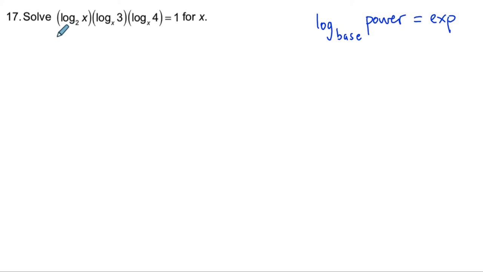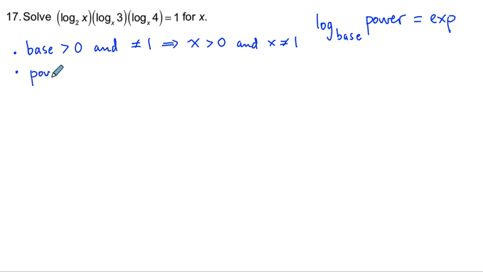So with that in mind, we see that x is both in the base and in the power, and we know that bases must be positive and not equal to 1. So this suggests that x has to be greater than 0 and x can't be equal to 1. We also know that x is in the power, and we know that powers must be positive, which suggests that x, which is the power by itself, has to be greater than 0.